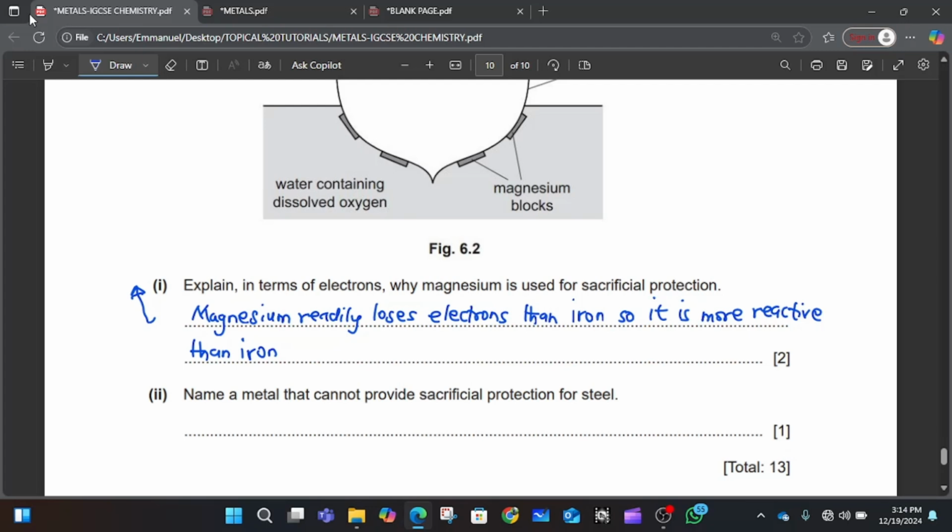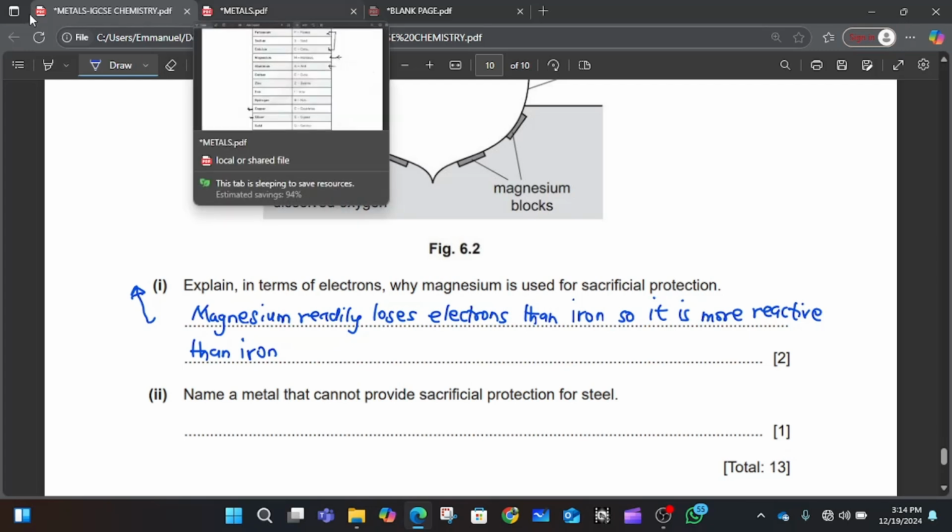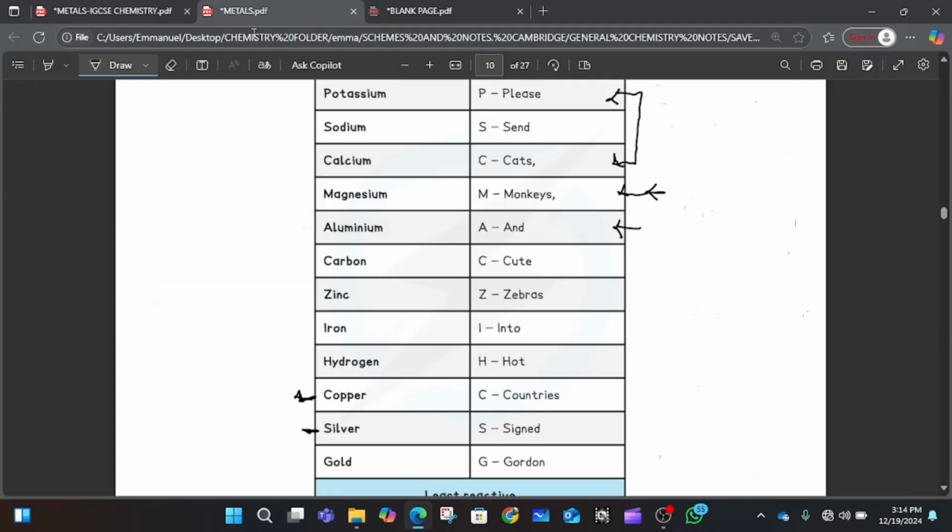II. Name a metal that cannot provide sacrificial protection for steel. So when we are talking about steel, we are referring to iron. And so for a metal to be suitable to be used for sacrificial protection of iron, that metal must be more reactive than iron. So the metal must be found above iron in the reactivity series.